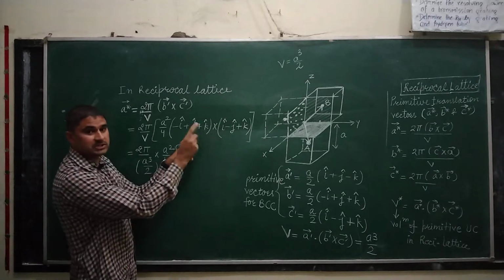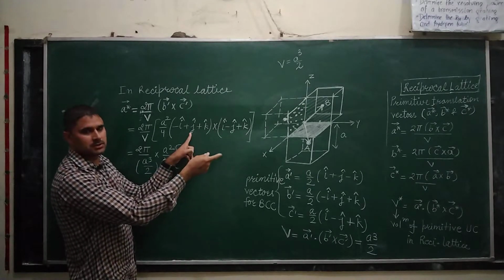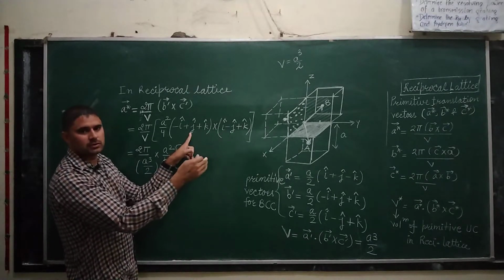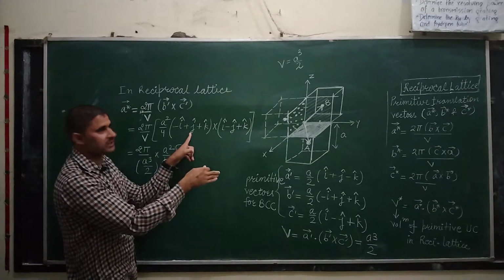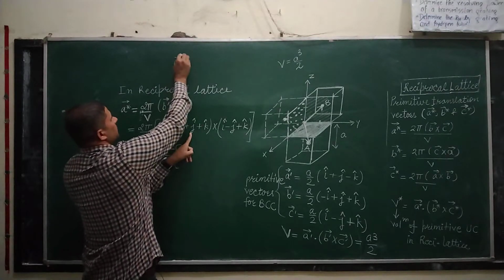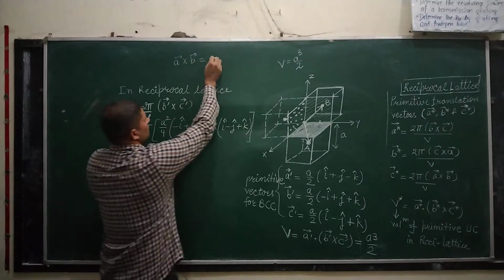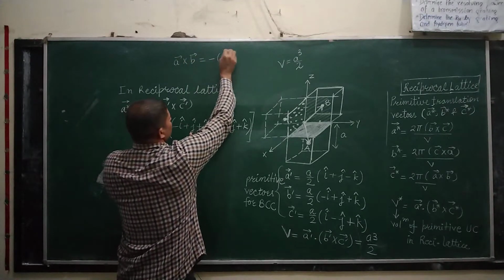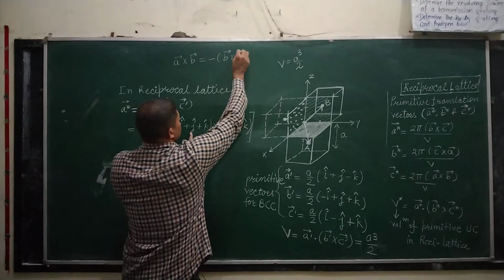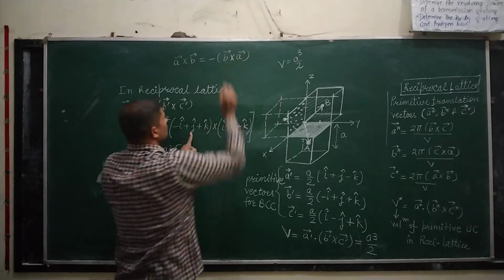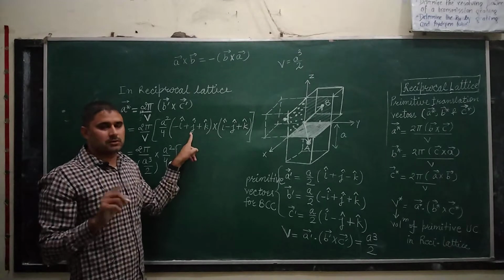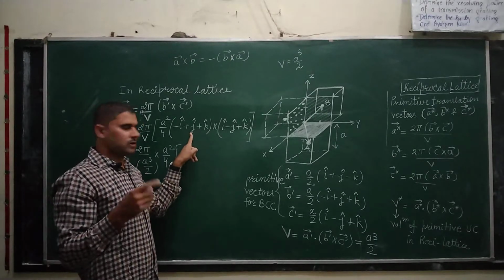Okay, you cannot change the order of cross multiplication because it will lead to reversal in the direction. You know that vector A cross vector B is equal to negative of vector B cross vector A. So you cannot change the order of cross multiplication on your own.